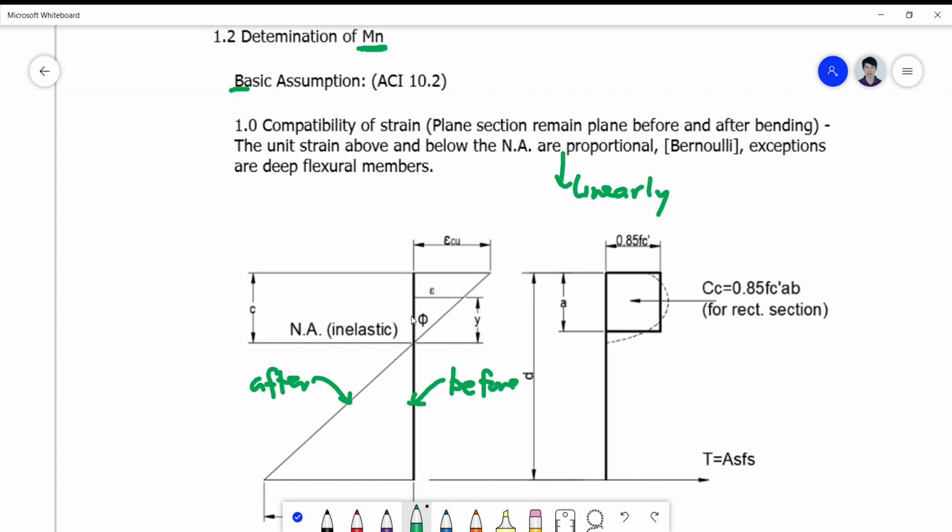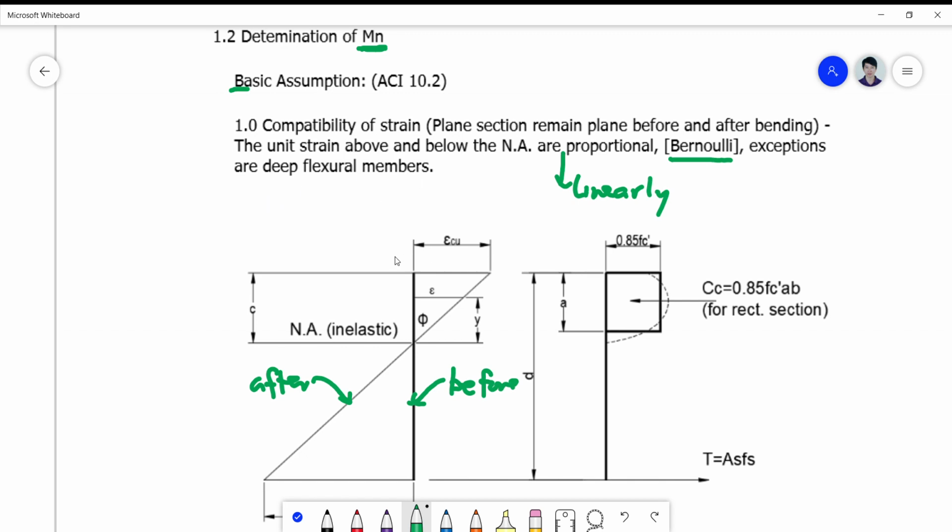I will discuss this more when we go to ductility. This compatibility of strain is simplified on the basis of Bernoulli's principle, which of course exempts flexural members which are deep.